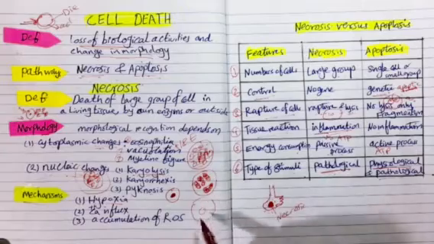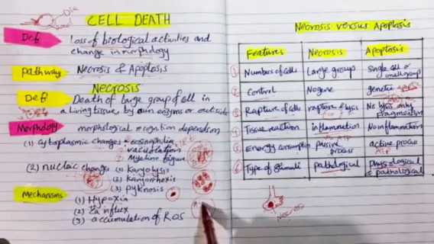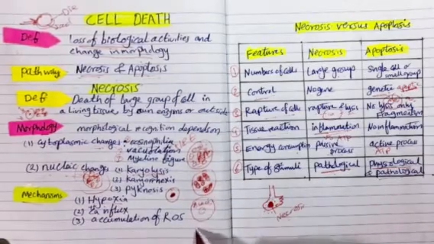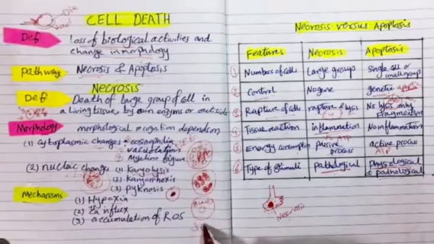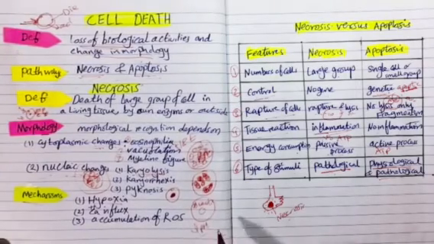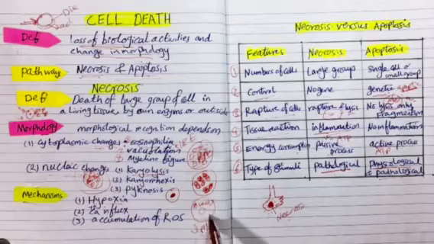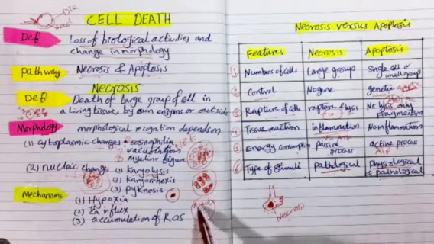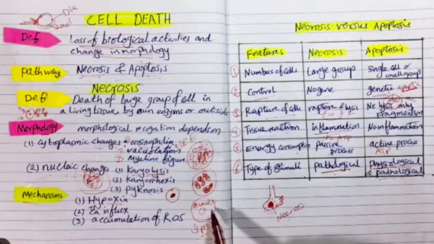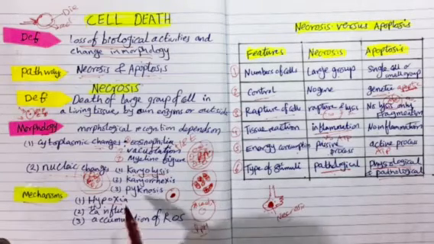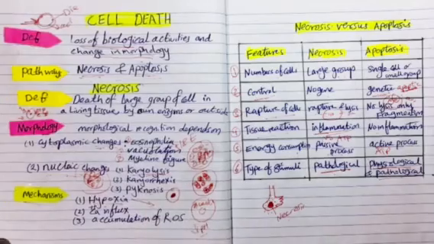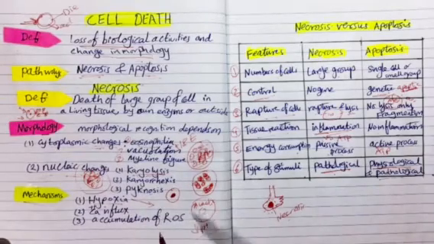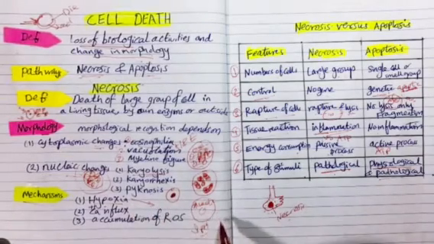As a result, there is increased lactic acid, which decreases the pH of the cell. Reduction of the pH will cause a lot of changes within the cell, so the metabolic pathways will be completely changed. This mainly affects the metabolism of the cell due to hypoxia and cellular acidosis.